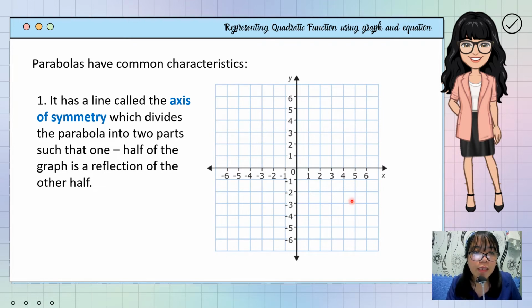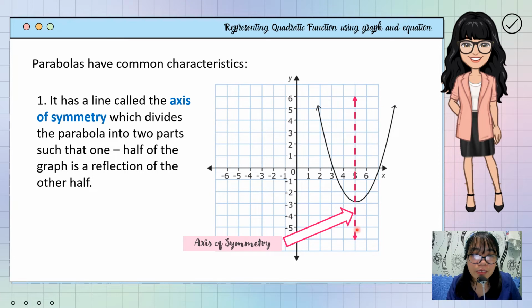Now again, a parabola has a line called the axis of symmetry. It divides the parabola into two parts such that one half of the graph is a reflection of the other half. So if this is our parabola and it opens upward, this line, which cuts our parabola into two equal parts such that this side is a reflection of this side, is called the axis of symmetry.